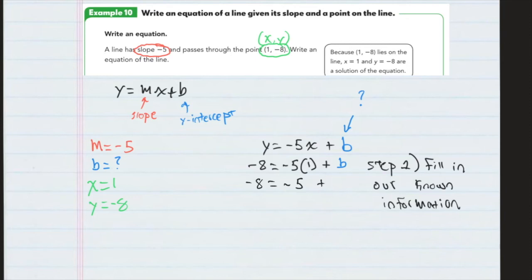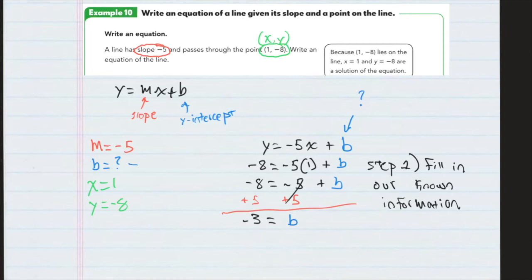I'll put that in blue. Now I'm going to add 5 to both sides. Those cancel. -8 plus 5 is -3 equals b.